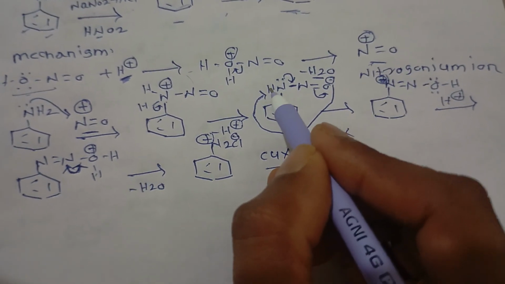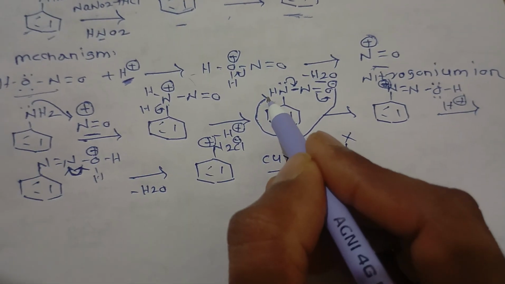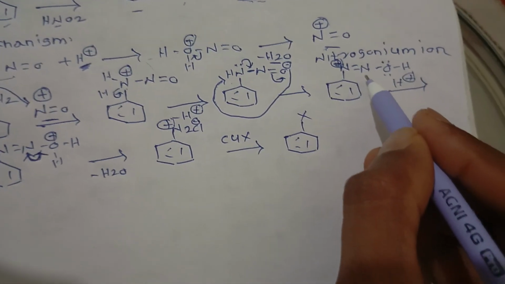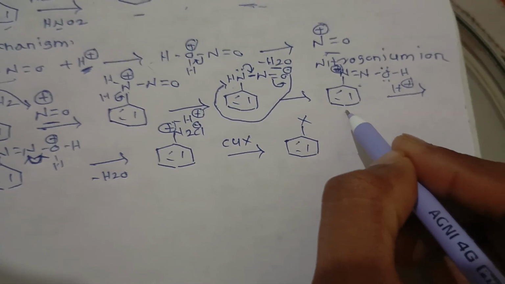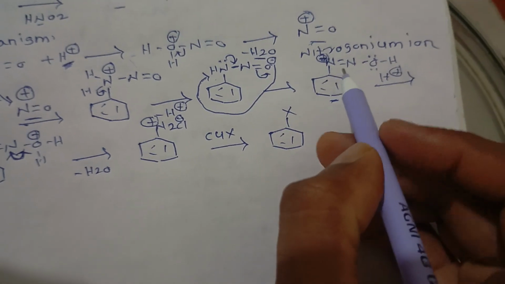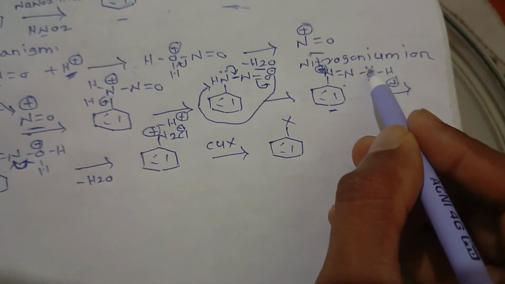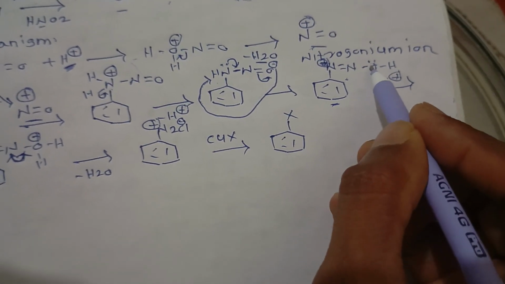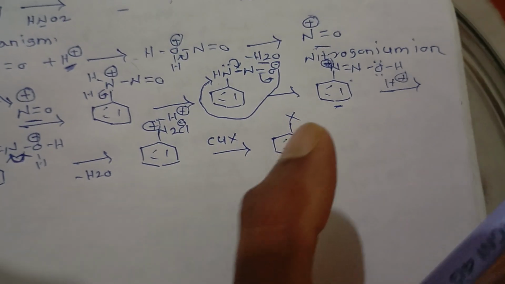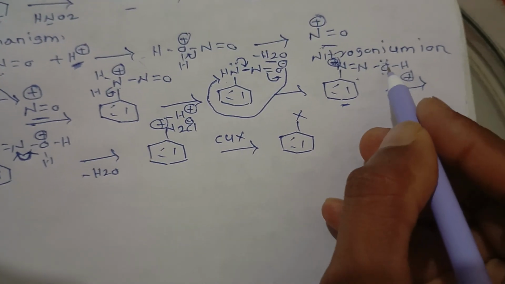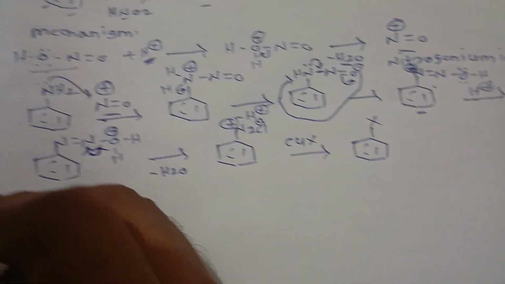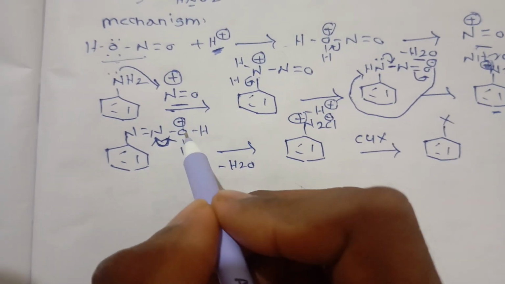So to neutralize this positive charge, this oxygen gets this hydrogen, and here we get this type of intermediate. In the next step, this oxygen has a lone pair, so it abstracts the H plus, because the reaction medium is acidic. Once it gets H plus, there is a positive charge on the oxygen.